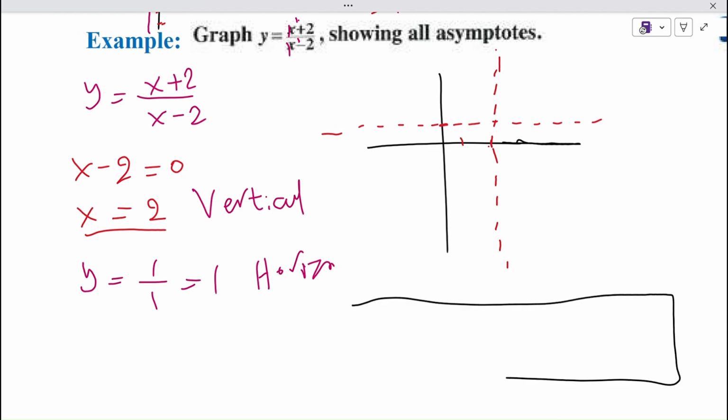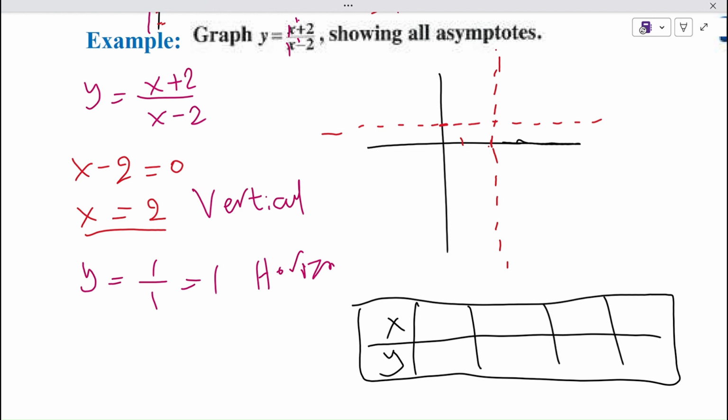Here we have x and y. This is 2. The 2 points greater than 2 are 3 and 4, and the 2 points less than 2 are 1 and 0.